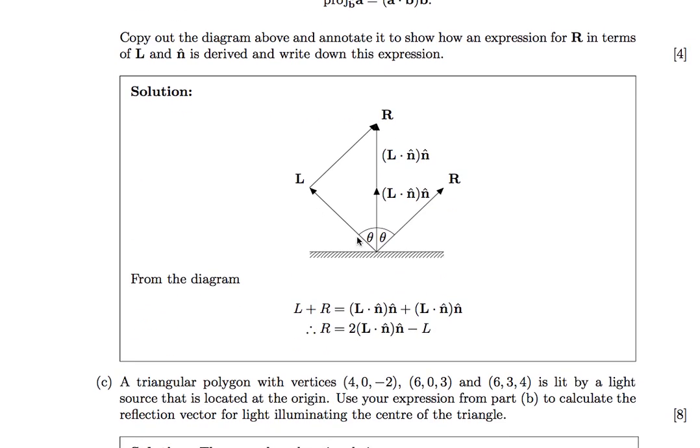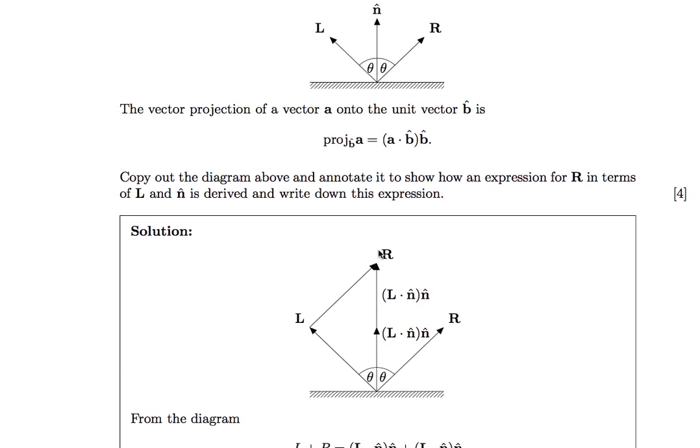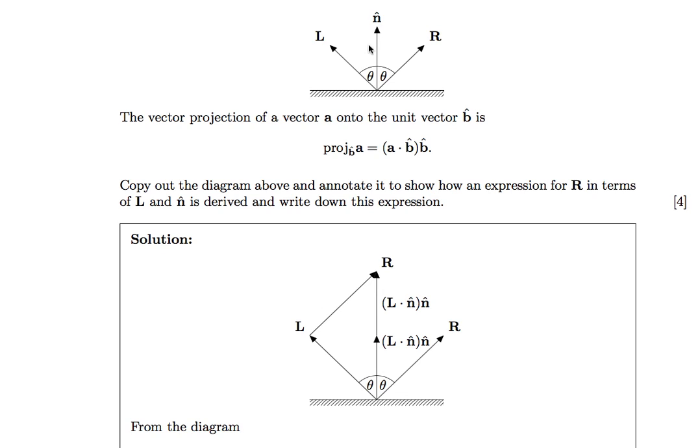The only difference is, instead of N hat, I've got the projection of L onto N. So if L's there, and I draw a line across, my projection of L onto N is a vector that starts here and ends about here.